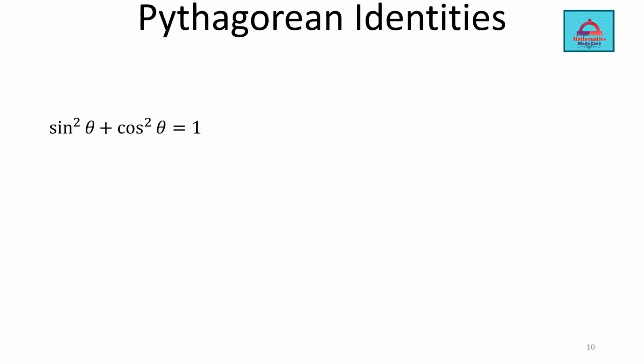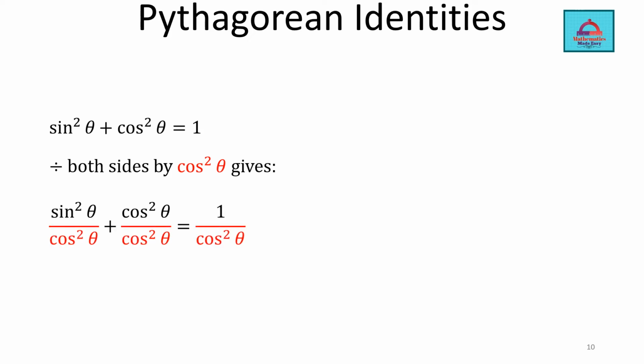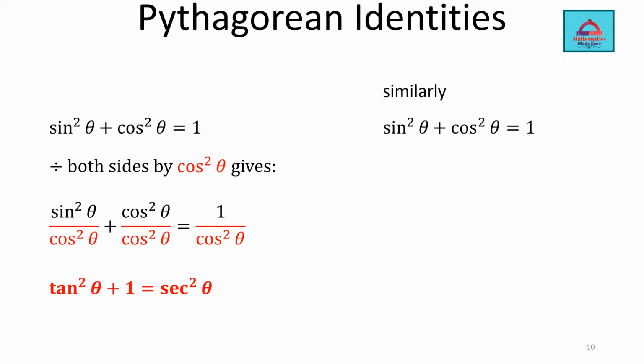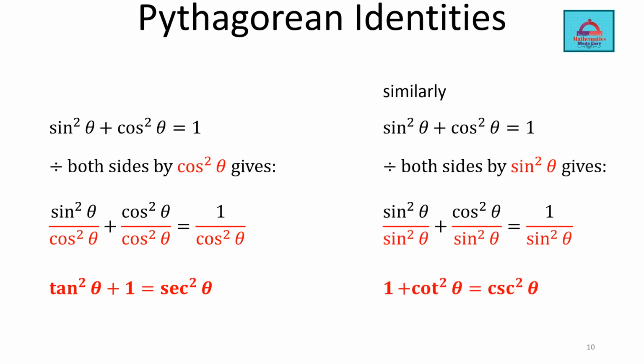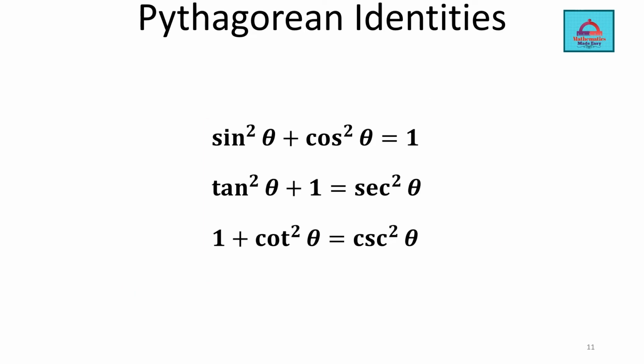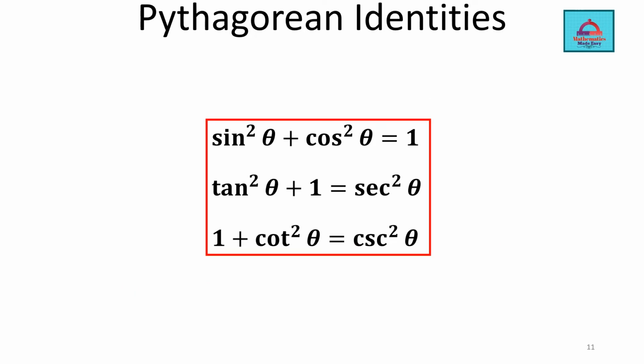In a similar way, you can write the second identity by dividing by cos square as 1 plus tan square equal to secant square, and the last one by dividing by sine square, which is 1 plus cot square equal to cosecant square. So overall, these are the three identities that you need to learn for Pythagorean, very important. We are going to use these identities throughout, numbers 1, 2 and 3.